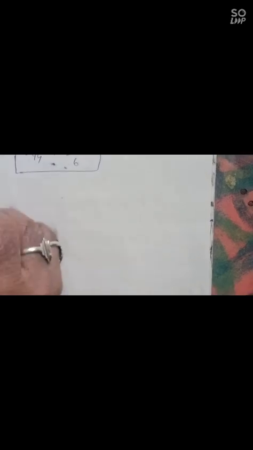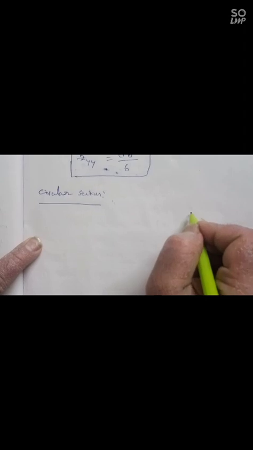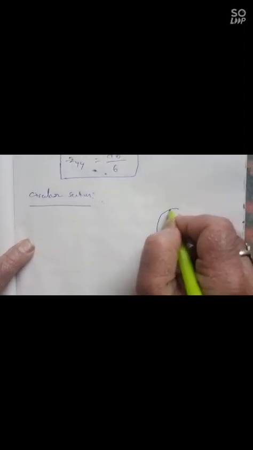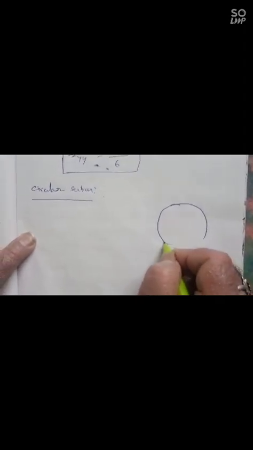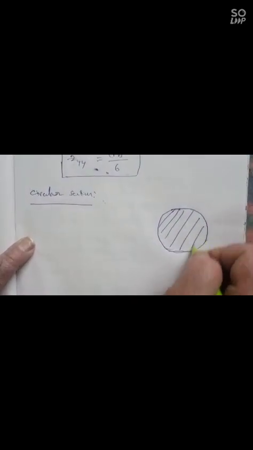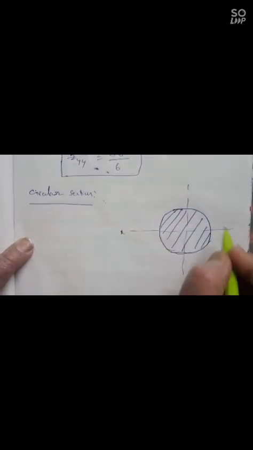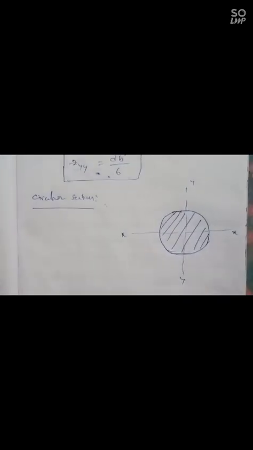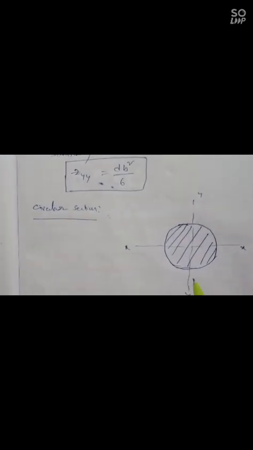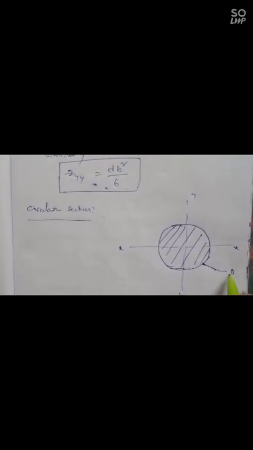Next we will see the circular section. This is a circular section, also having x and y axes, with a diameter of d.